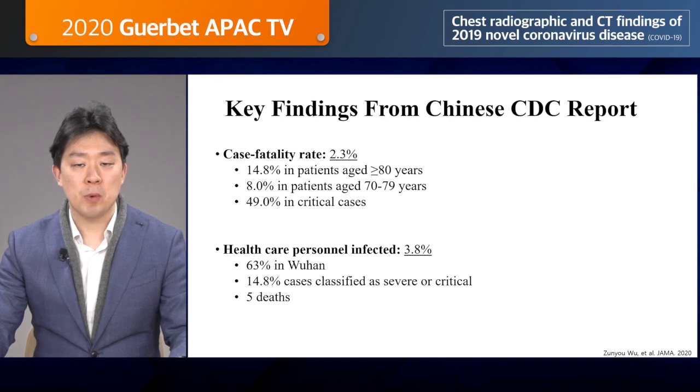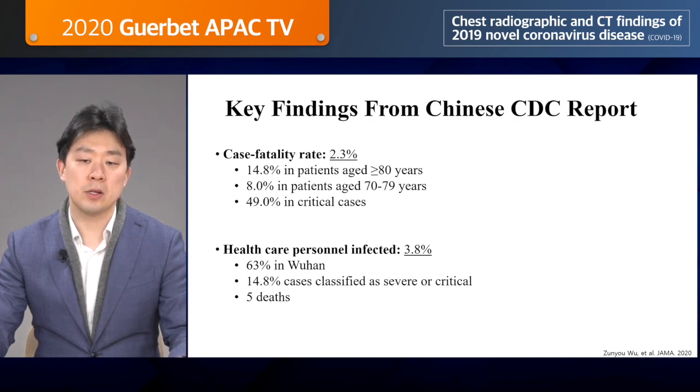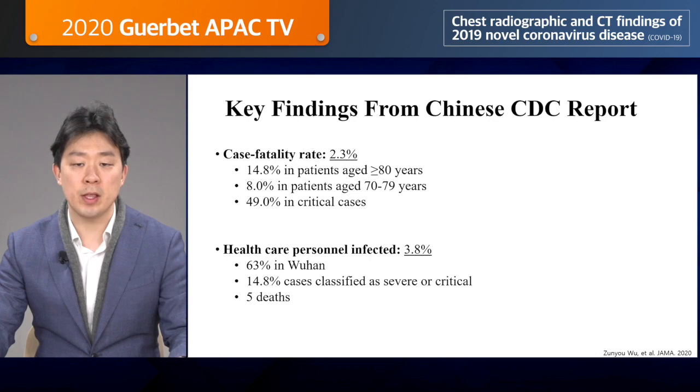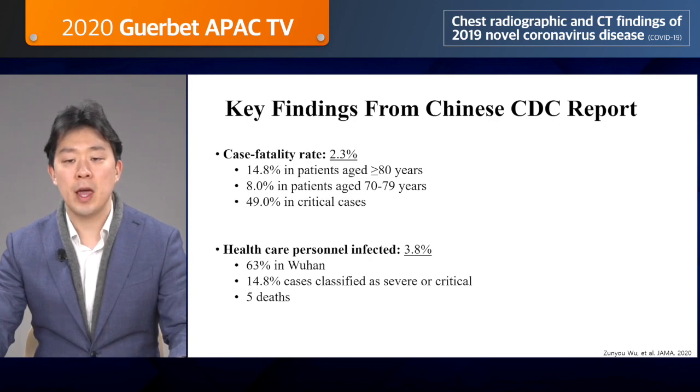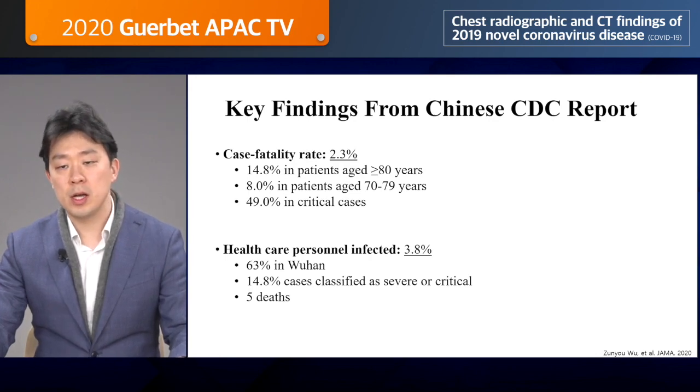The case fatality rate in COVID-19 was about 2%. The problem is that in critical cases, half of the patients died and the death rate increased dramatically as people got older, especially age 70 or above.